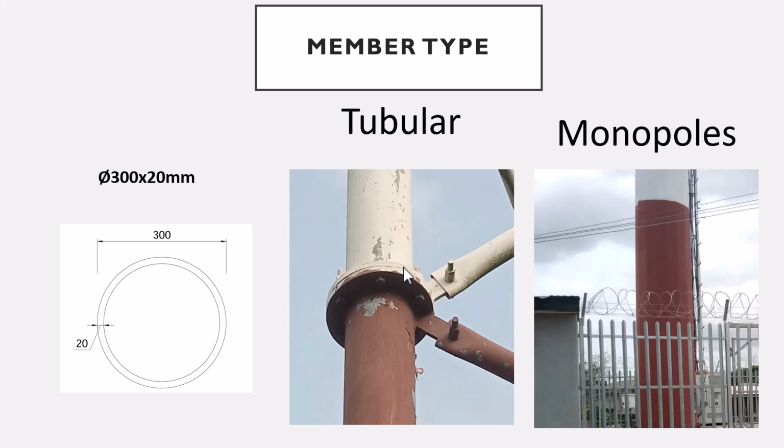But their identification comes in the same format, meaning, as they are tubular sections, they have a diameter and also a thickness, right? So you can also find that in our code.